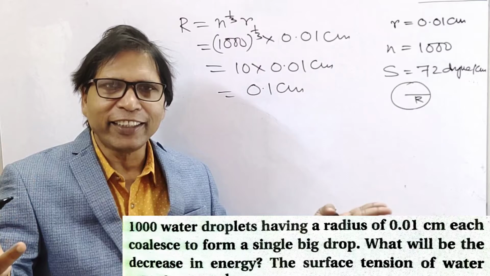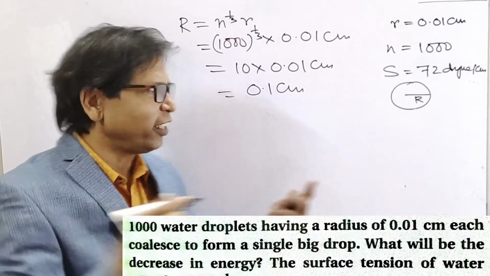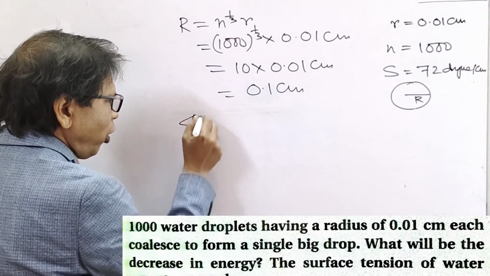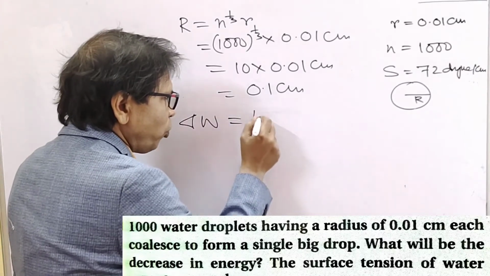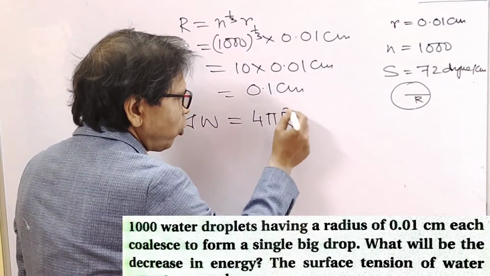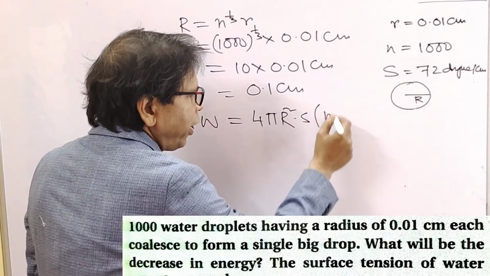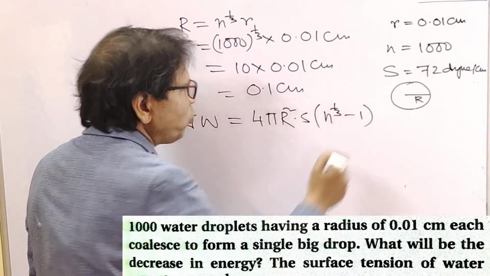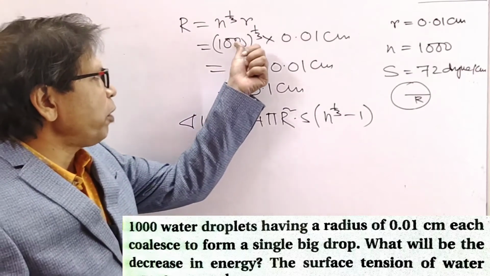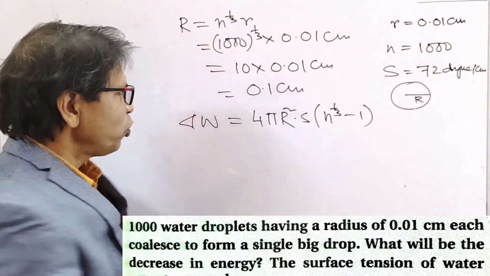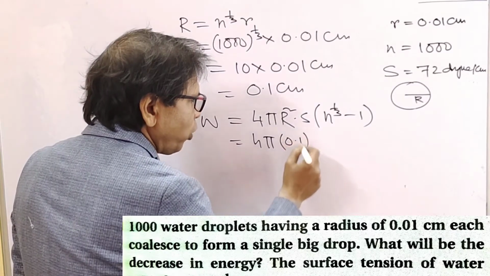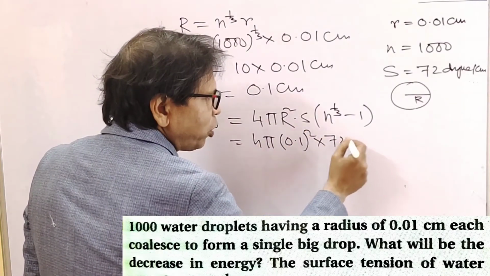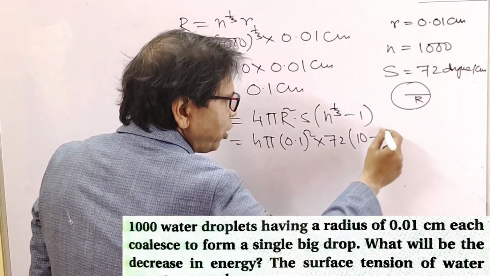Now the energy released, or decrease of energy, is 4πR²S(n^(1/3) − 1). Here n^(1/3) means 10. So 4π, R is 0.1 whole squared, S is 72, and this is (10 − 1).